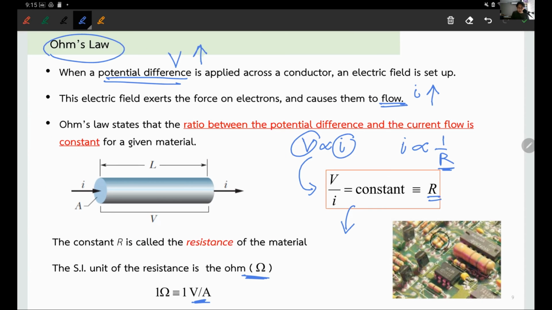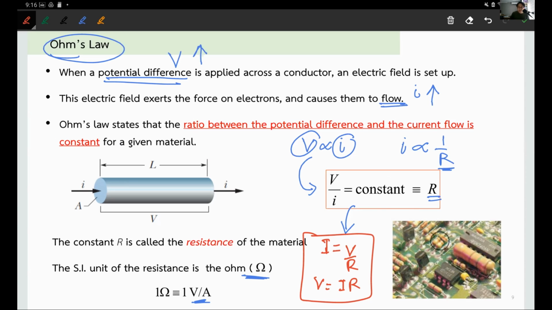You can say I equal to V over R, V equal to IR, up to you, whatever you like, in any shape and form. This is just a relationship between these three parameters. Ohm's law is good.